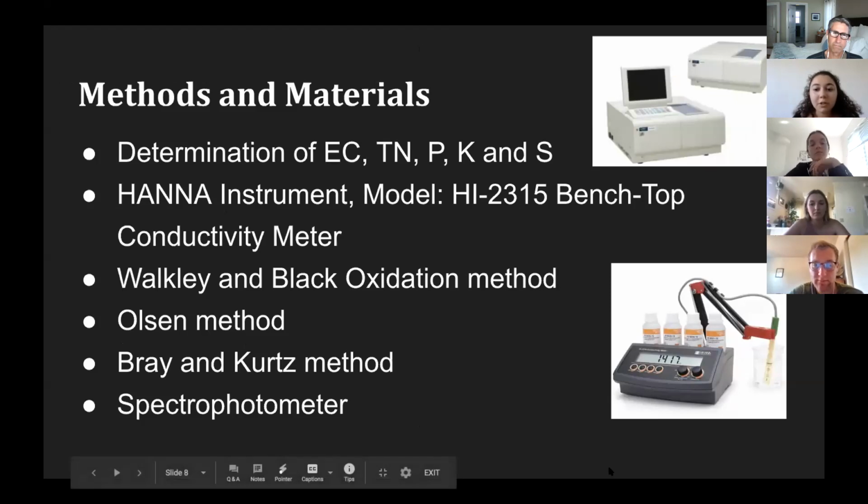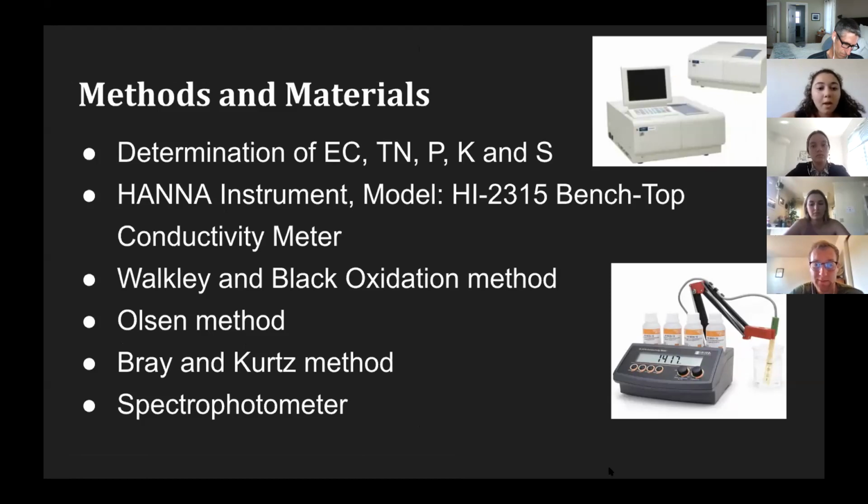So there was a bunch of different instruments and methods used. In order to determine the different nutrients and the EC, the Hanna instrument was used for the soil salinity to determine the EC, and then the Walkley and Black oxidation method was used to determine the total nitrogen.